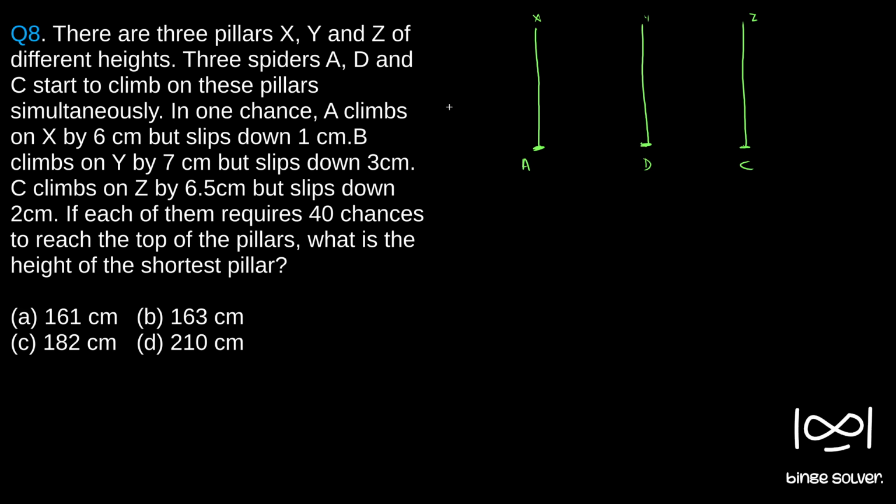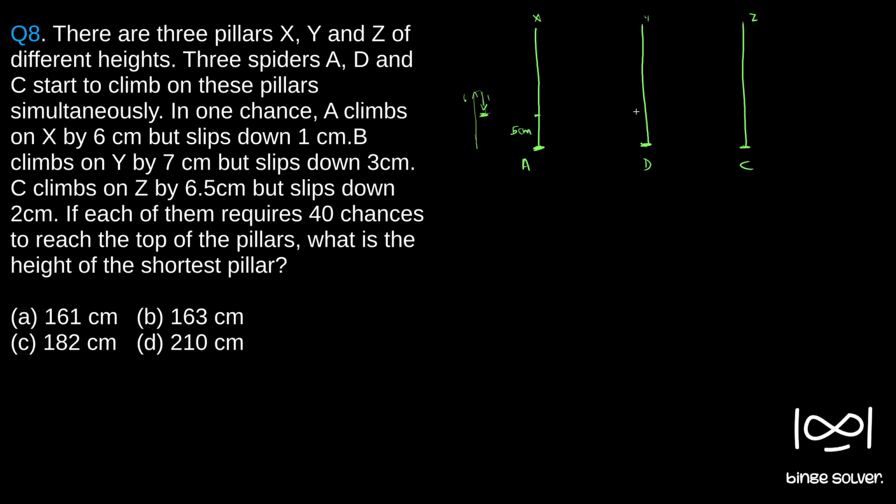In X, A climbs 6 centimeters up and then falls by 1 centimeter. The effective distance A climbs in each step is 5 centimeters.